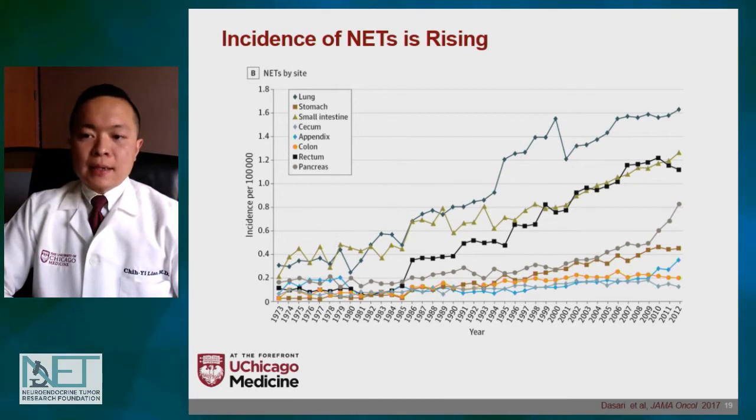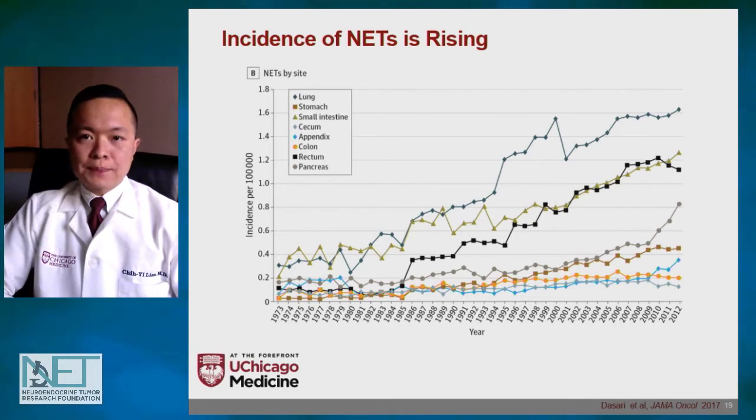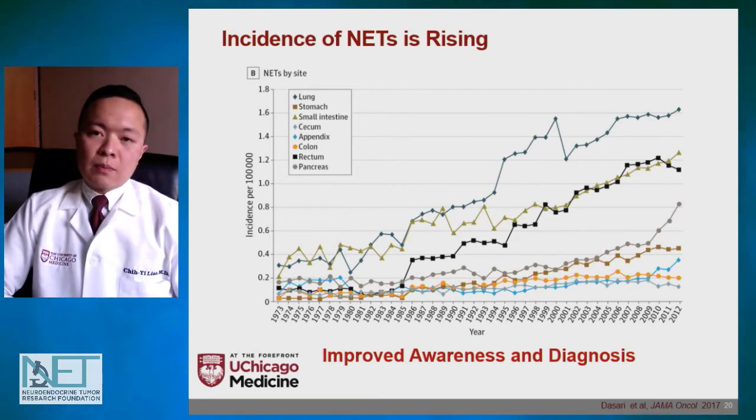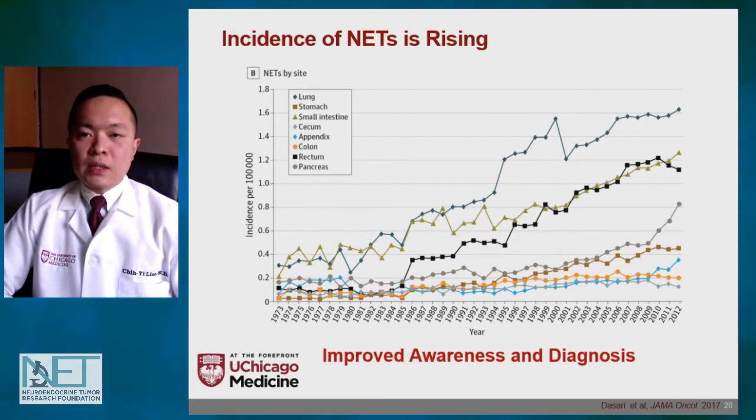The one with the highest incidence is lung neuroendocrine tumors, followed by small intestine, rectal, and pancreas neuroendocrine tumors. The increase in incidence may be in part due to our increased awareness and better classification and diagnosis systems.